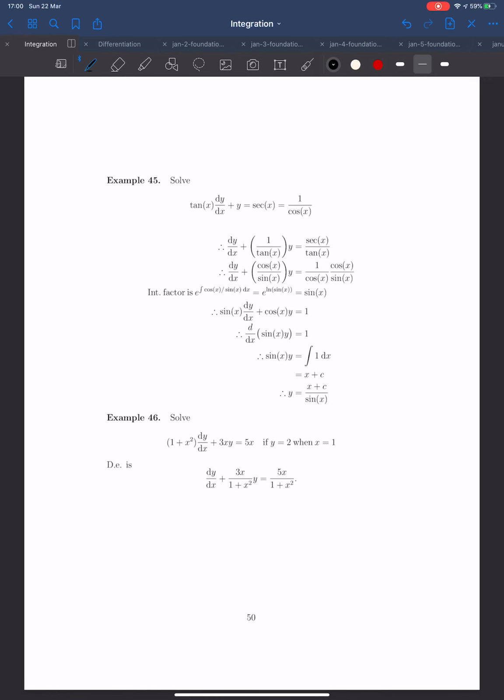Yeah, so 45, 46, 48, 49. More integrating factor. Okay, maybe this one will be all right with the writing that it's got already.